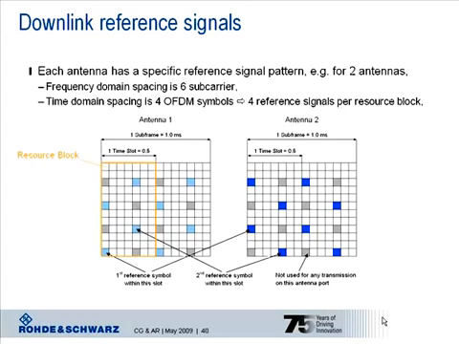In the frequency domain, every sixth subcarrier carries a reference symbol out of the generated reference signal pattern. In the time domain, the spacing is 4 OFDM symbols as shown in the diagram. Thus, the resource block, which is 12 subcarriers, 7 OFDM symbols when normal cyclic prefix is used, 6 OFDM symbols for extended cyclic prefix, contains 4 reference symbols at certain resource elements.